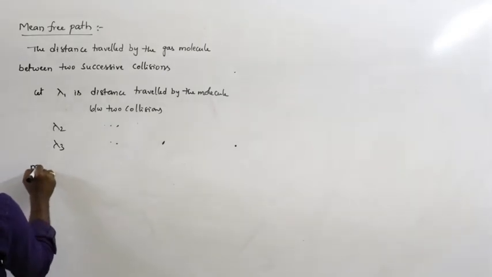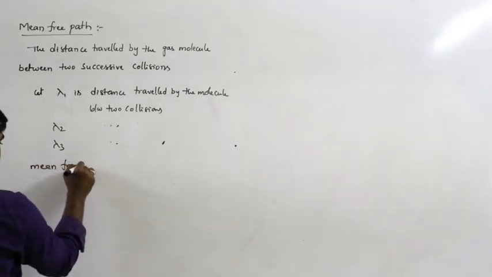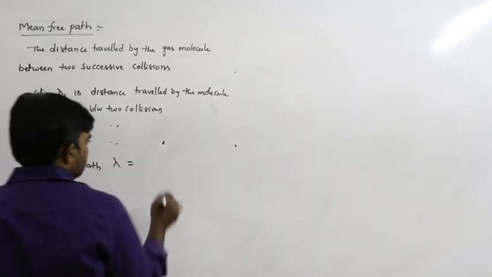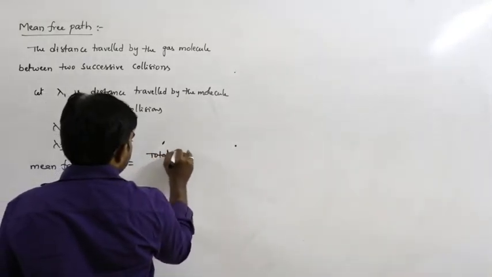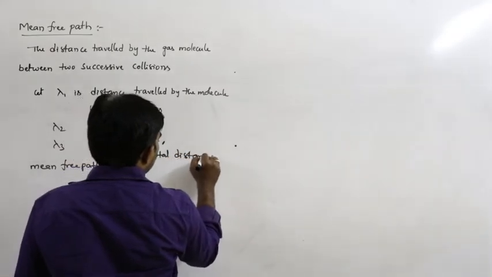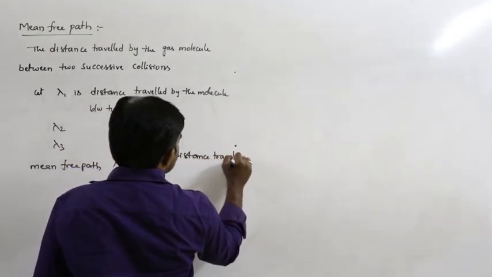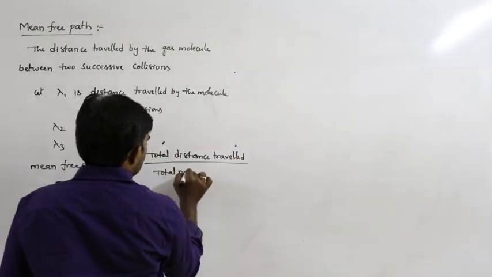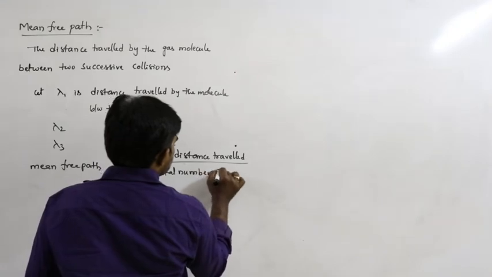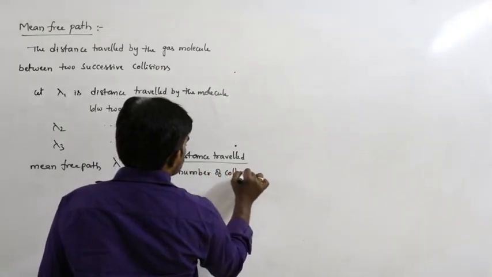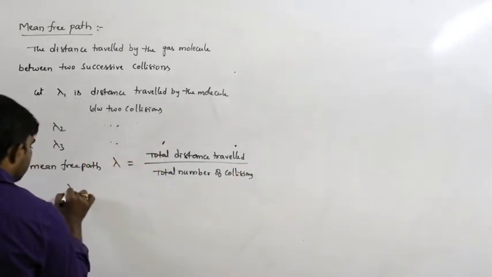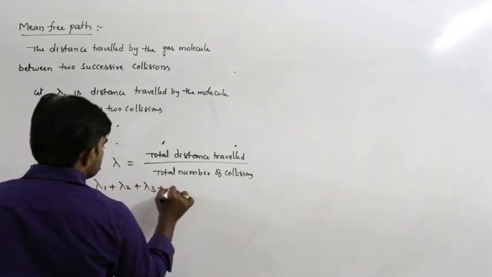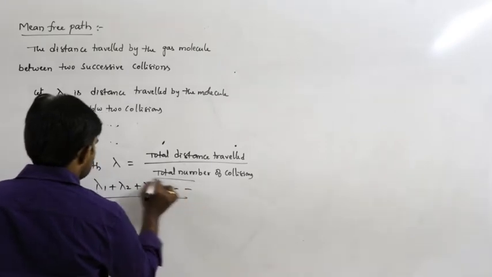Then mean free path lambda can be written as total distance travelled divided by total number of collisions. So lambda can be written as lambda 1 plus lambda 2 plus lambda 3 and so on, divided by n. This is also one formula.